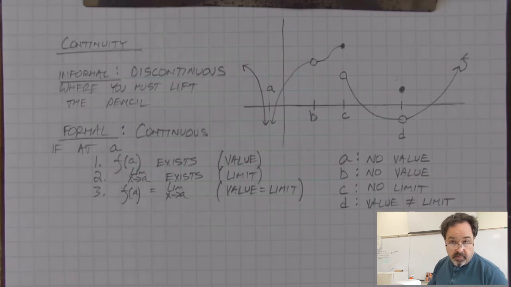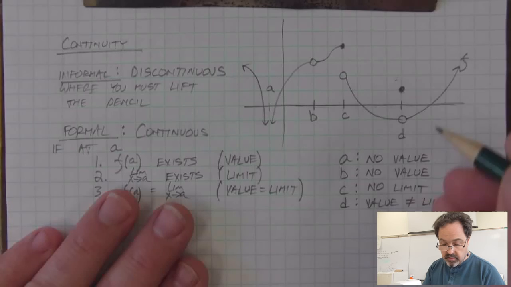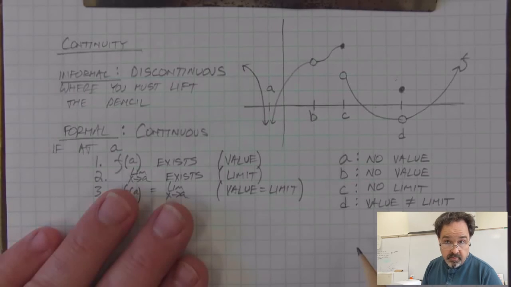Now, though I've talked about and introduced the formal definition of continuity, what I've done here is I've answered the reason why f is not continuous in a shorthand manner.